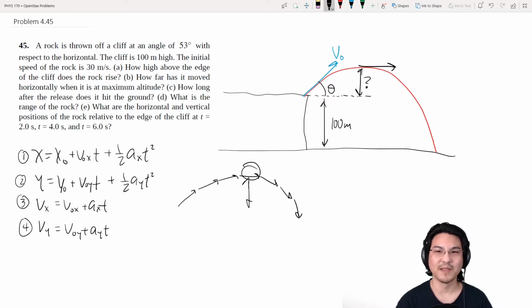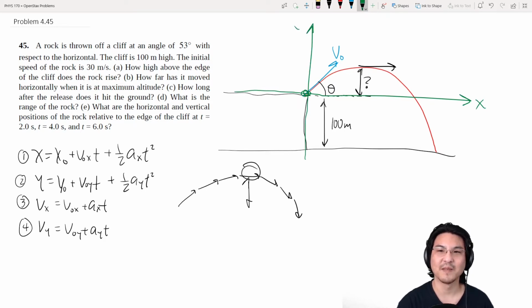So let me pick coordinates. We could say the origin is here, or maybe the origin is here. There's infinite choices, so whatever you choose, you're correct.